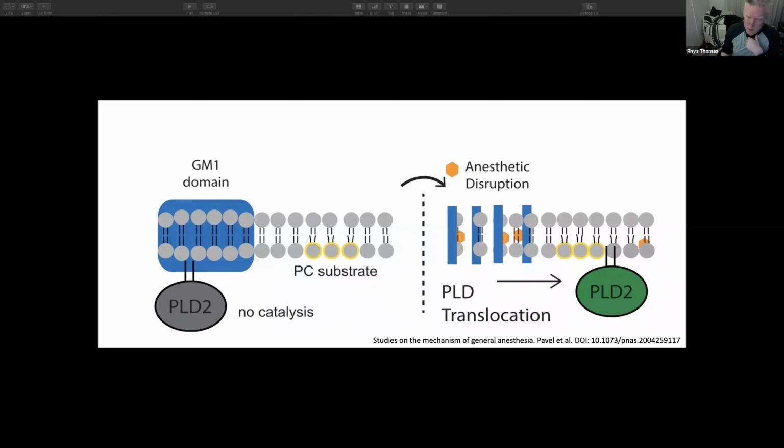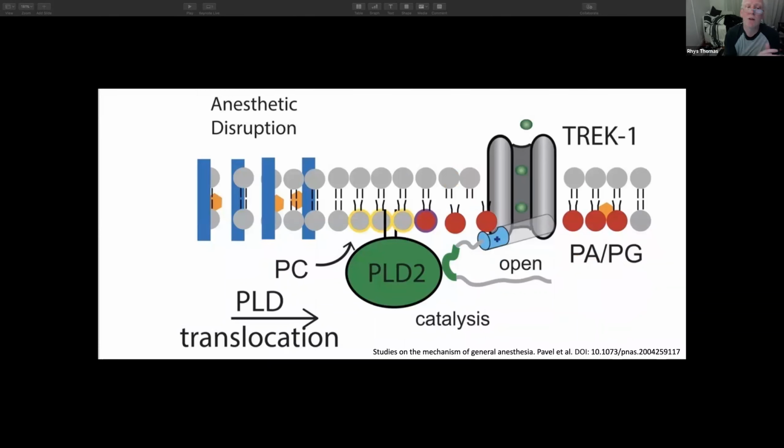And then the theory from their experiments is that, yes, once you get that anesthetic disruption of the raft and the translocation of the phospholipase D2, it can now act on the phosphatidylcholine, and it's also bound to this TREK1 channel that we'll talk about in a little bit.